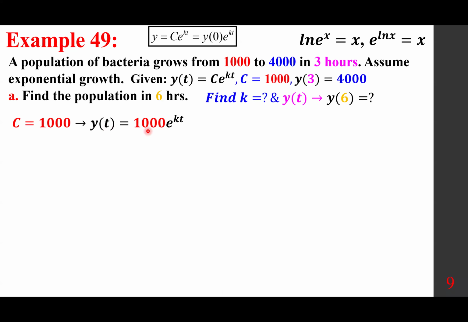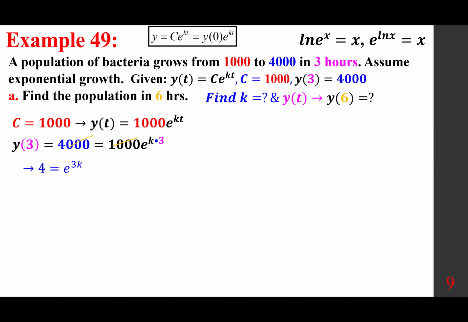So we get 1,000 e to the power of k times t, and t equals 3. Now, obviously, we are going to drop the 1,000, and this becomes 4 because we are dividing both sides by 1,000.